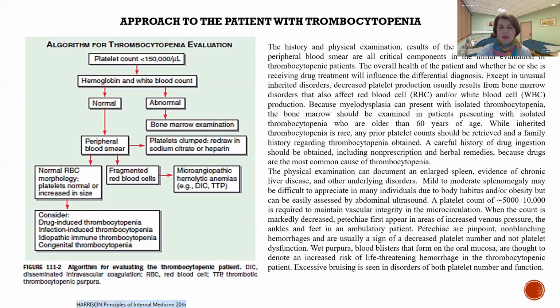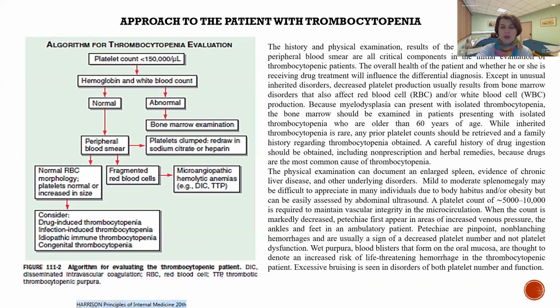A platelet count of less than 10,000 per nanoliter is required to maintain vascular integrity in the microcirculation. When the count is markedly decreased, petechiae first appear in the areas of increased venous pressure, the ankles and feet in an ambulatory patient.